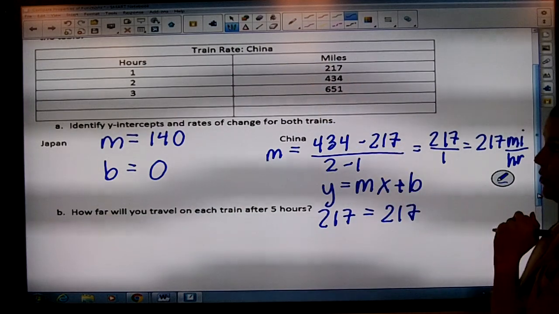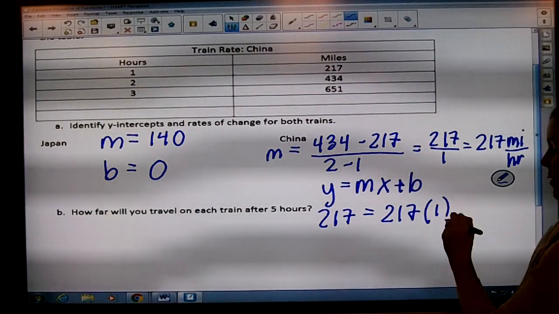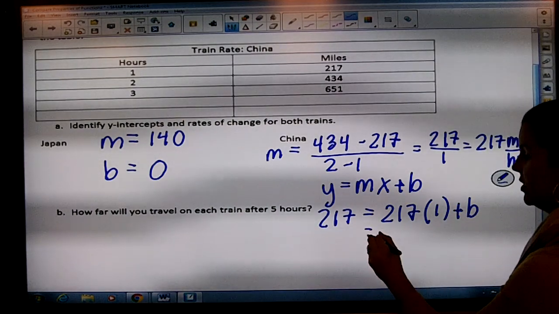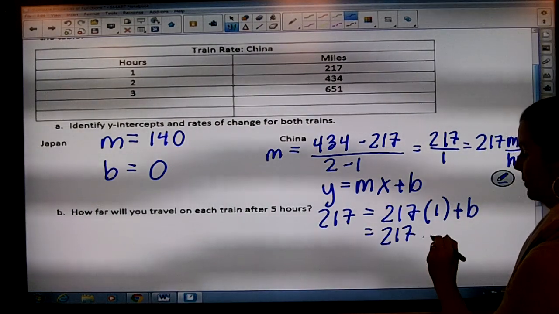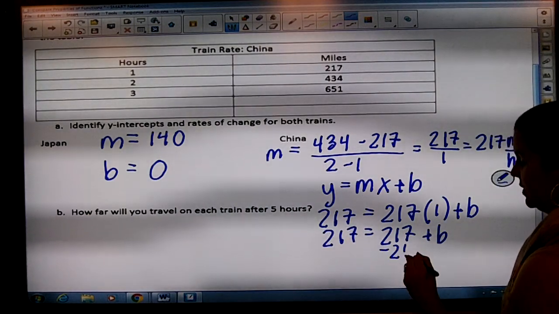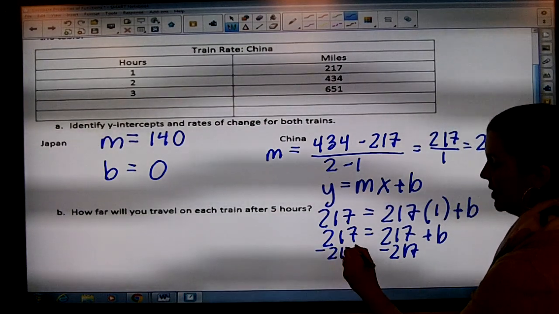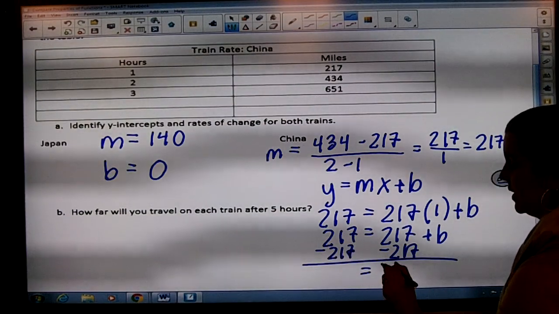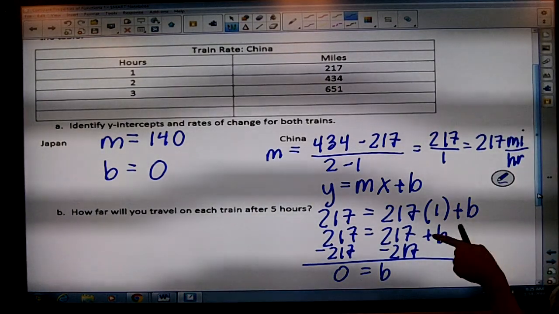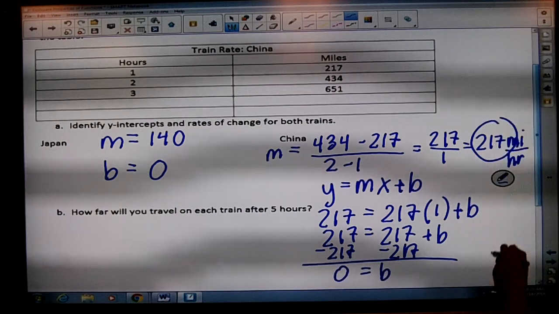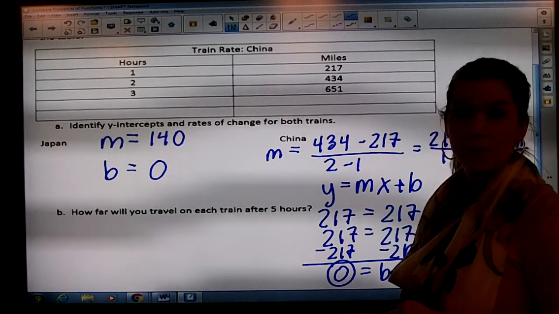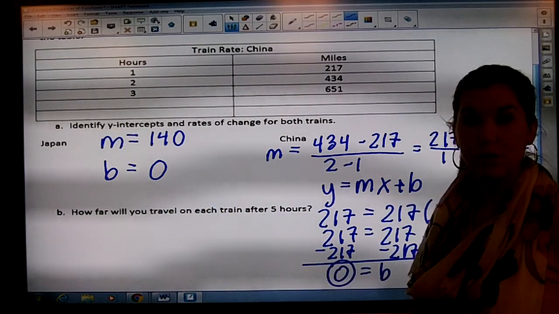I'm choosing an x value that goes with my y value, 1, and I'm calculating the b. 217 times 1 is 217. Subtract 217 from both sides. And you should see that 217 cancels out on both sides, which makes the y-intercept 0. So we have calculated the rate of change for China, 217, with a y-intercept of 0. And for Japan, the rate of change was 140, and the y-intercept was also 0.